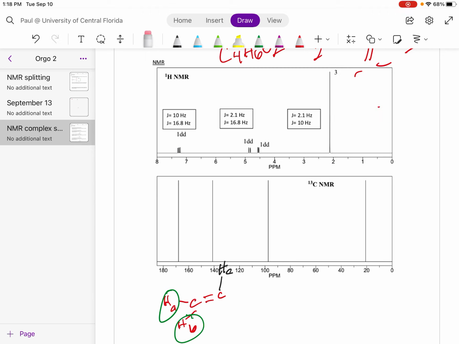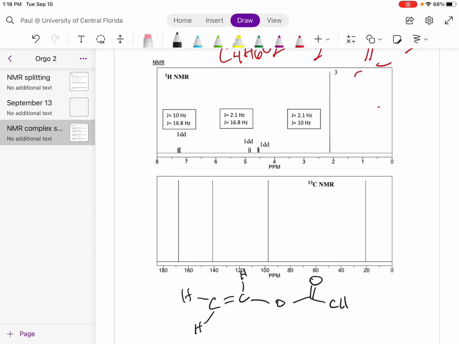Okay, so what if I just look at my alkene? I'm going to erase this here. What if I have my alkene? We have some hydrogens. And then I have an oxygen. And something like this. Okay? Now, I see that the methyl here does in fact give a predicted singlet.